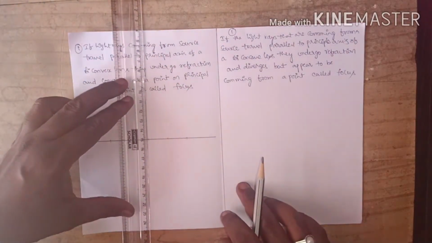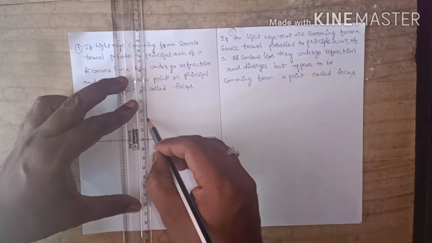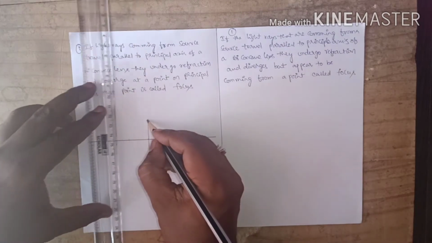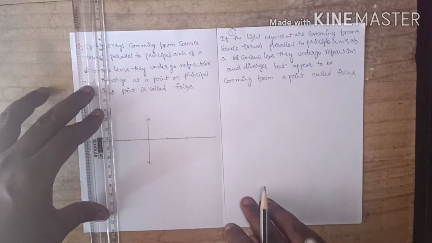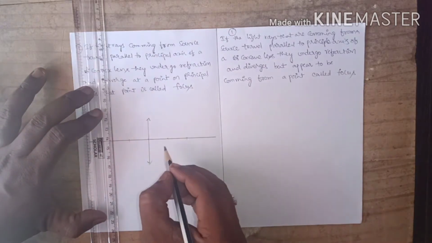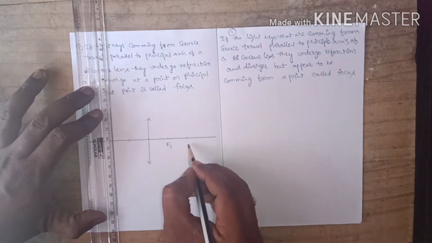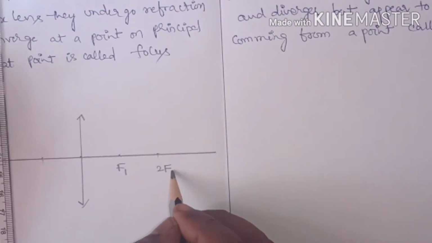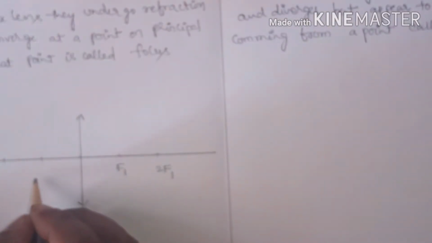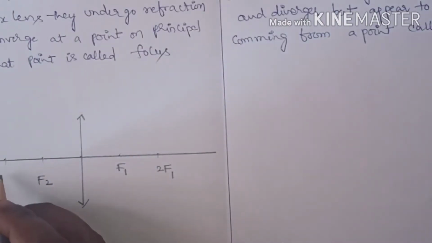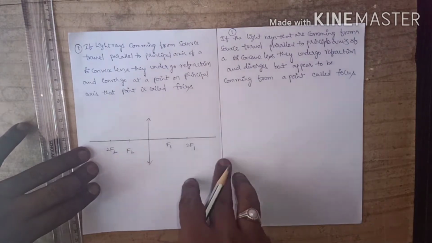So in the first diagram I am going to use a biconvex lens. This is the representation of a biconvex lens. Consider this is the focus F1 and center of curvature, which is also represented as 2F1, and this is the focus F2, center of curvature, which is also represented as 2F2.